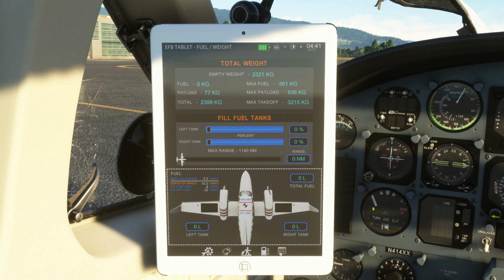And we are taking off from Lima Juliet Mike Bravo, and we are going to Lima Oscar Whiskey Indigo.